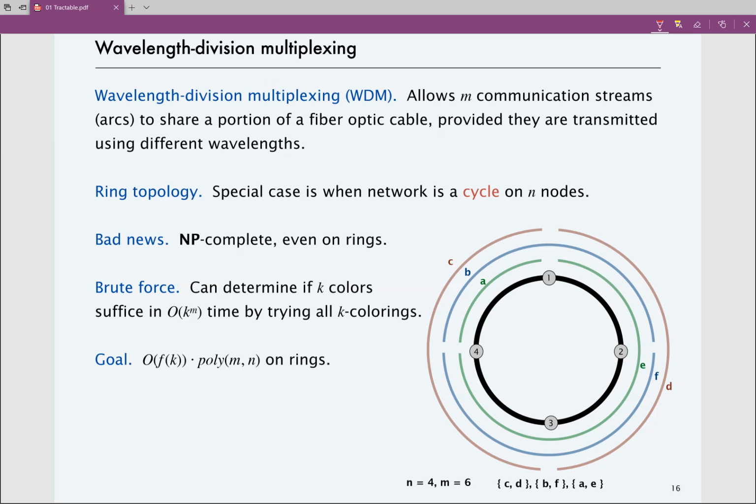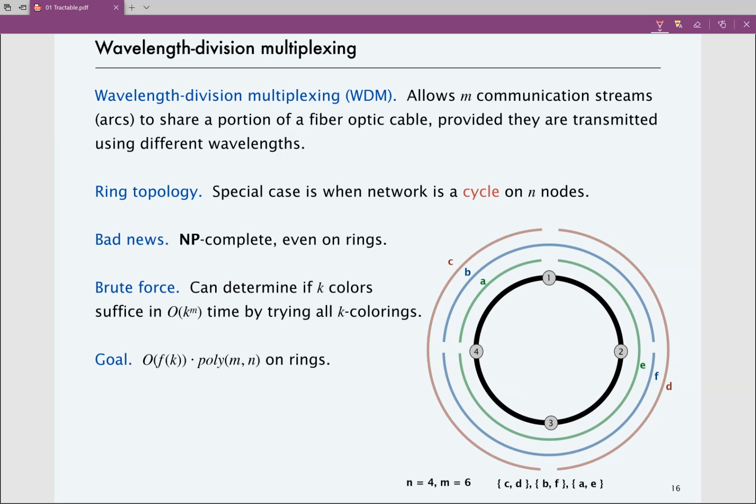Now what we're trying to do for the circular arc covering problem is to assign colors to these paths in a way that whenever 2 paths have an intersection, meaning they have some edge in common, then these two paths have to be assigned different colors.